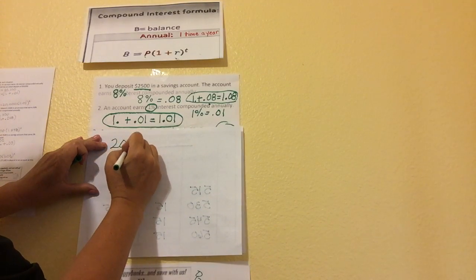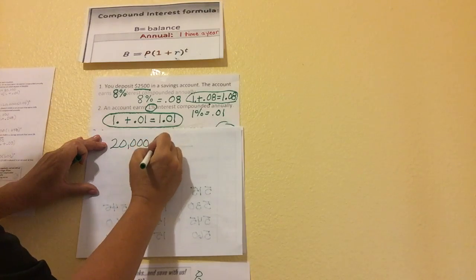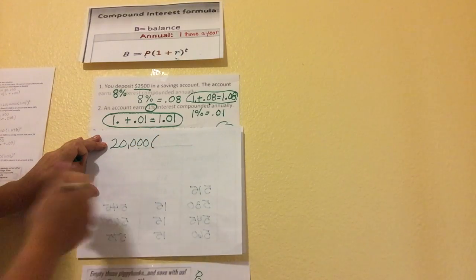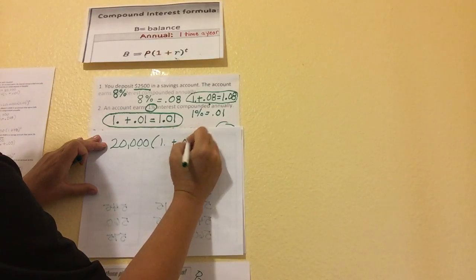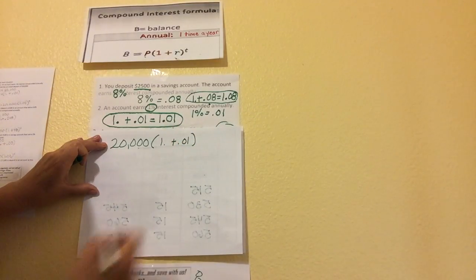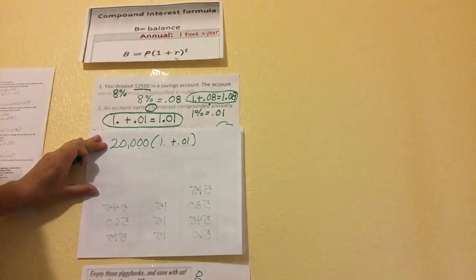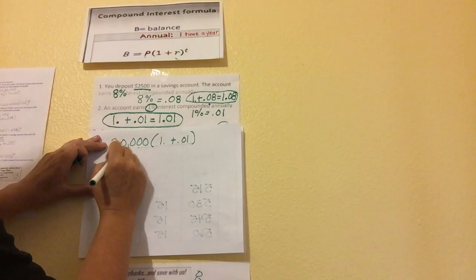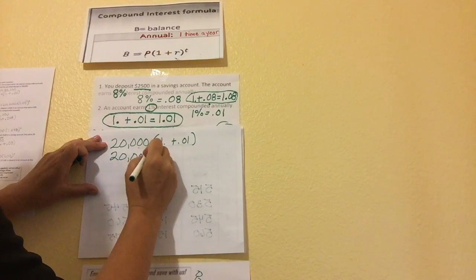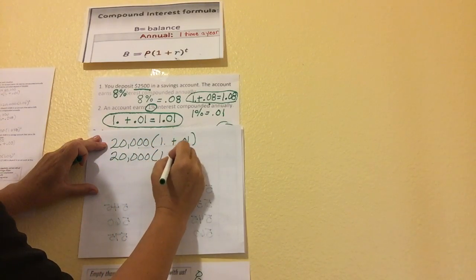So let's put our $20,000, parentheses, and then we know it's 1 plus 0.01, and then it is just annually, so it's 1 again, so it's 20,000, 1.01.